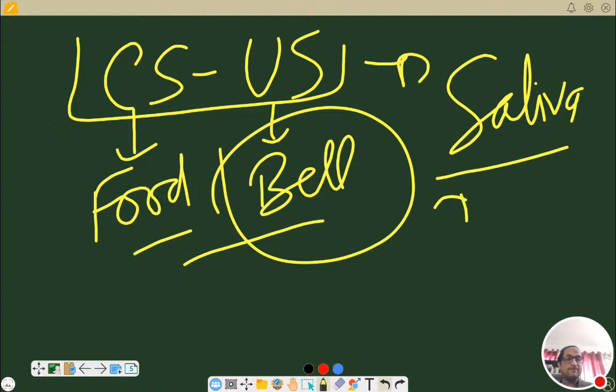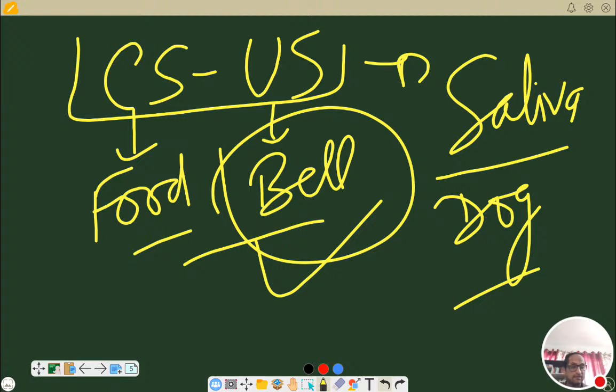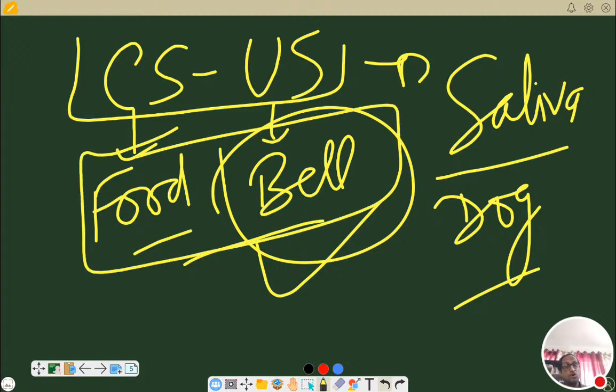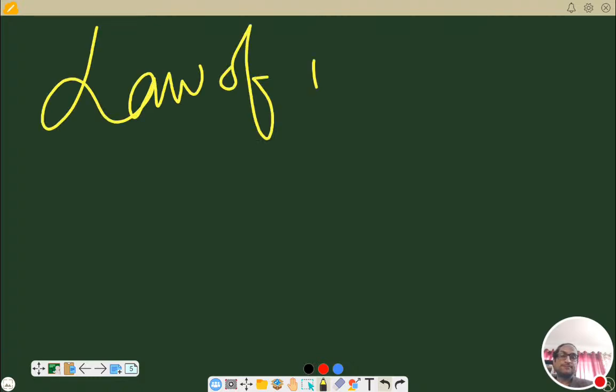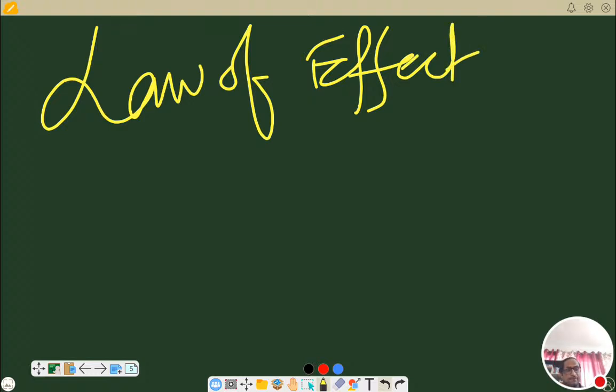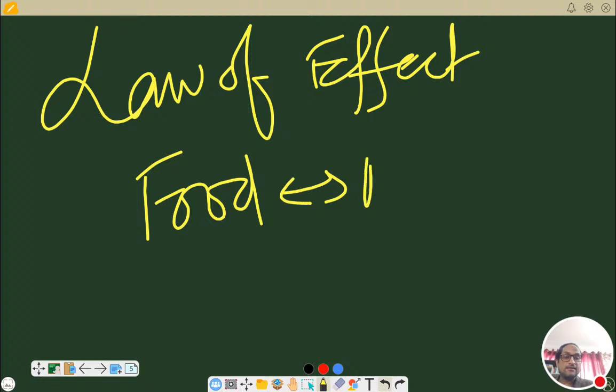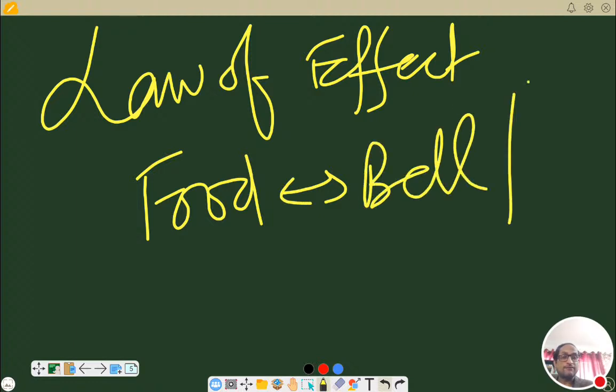The dog started salivating even when the bell was rung. Why? Because the bell and food were associated for a longer period of time. What Thorndike says is this phenomenon is the law of effect. That this is happening because the food and bell were associated for a long period of time.